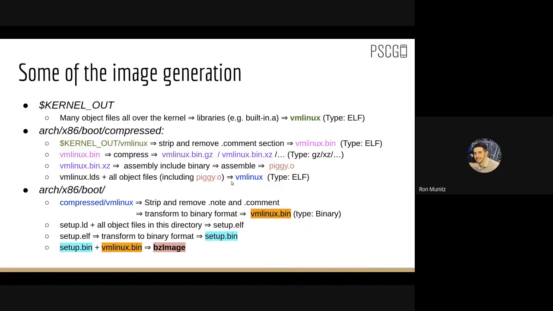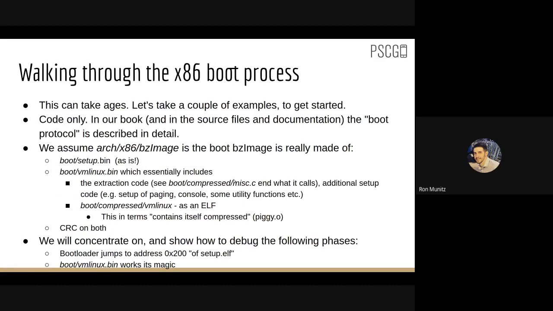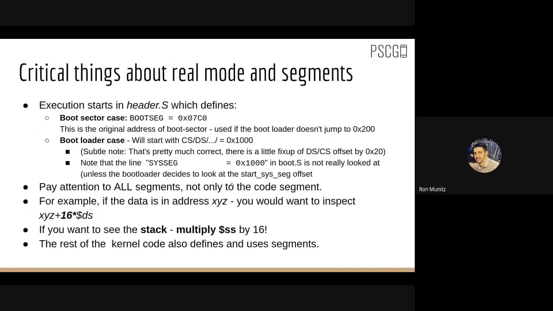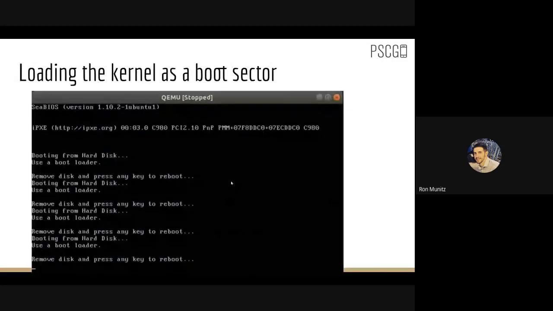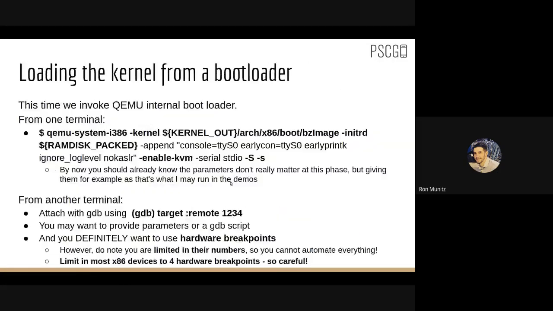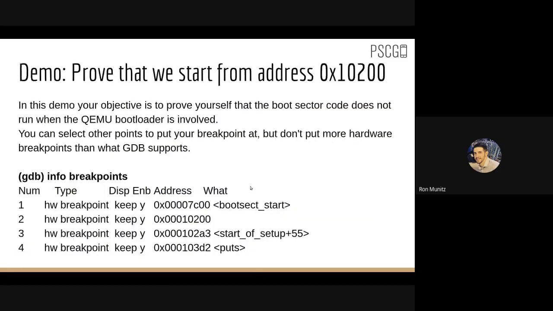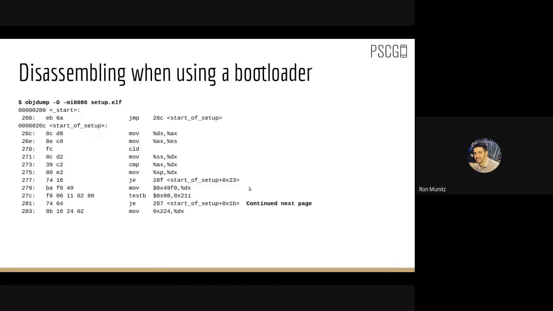Now, one of the reasons that we inflate the kernel to an address that is much, much higher, like 1 million that we did now, is so that it will be far away enough from whatever we had before, and that will have enough place to extract in place.